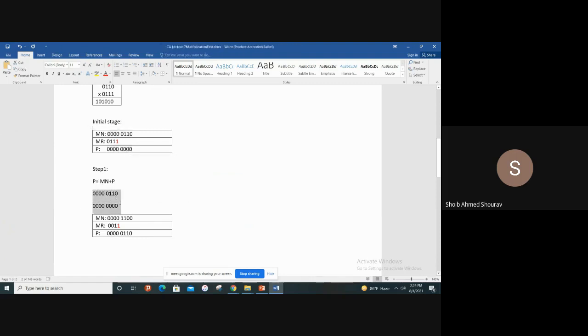If we cannot add these two numbers with our eyes, we can use a calculator. Okay, so this is the product result, the addition. And after the addition, this is our mn and this is our mr.